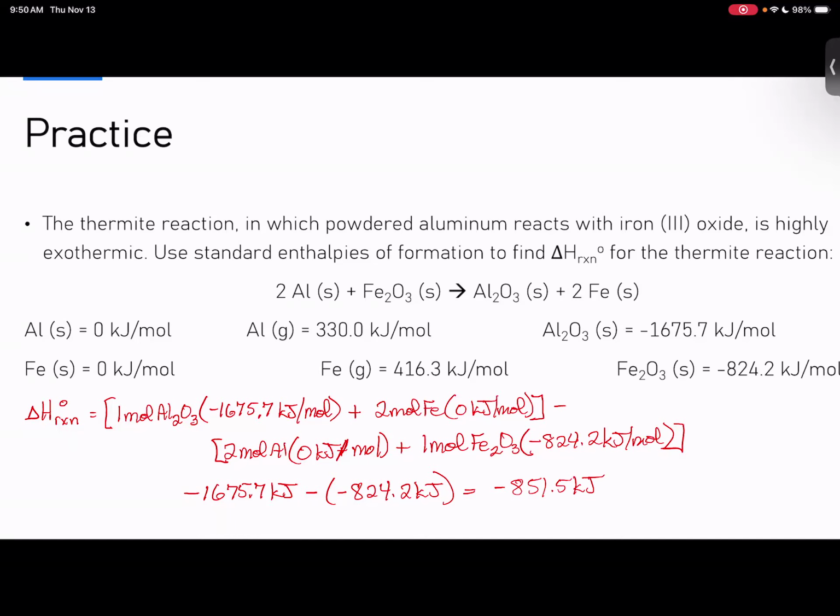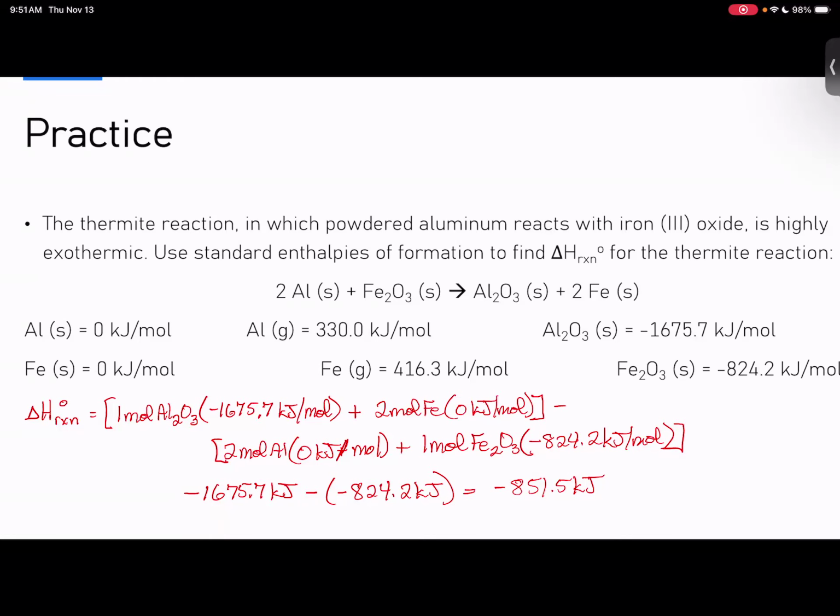So you should have gotten a negative 851.5 kilojoules. It was the 1 mole of aluminum oxide times negative 1675.7 kilojoules per mole plus 2 moles of iron times 0 kilojoules per mole.